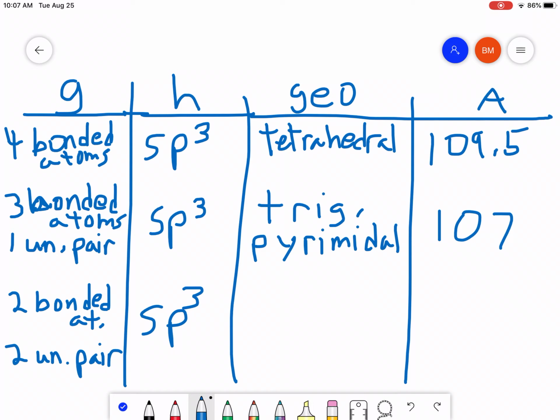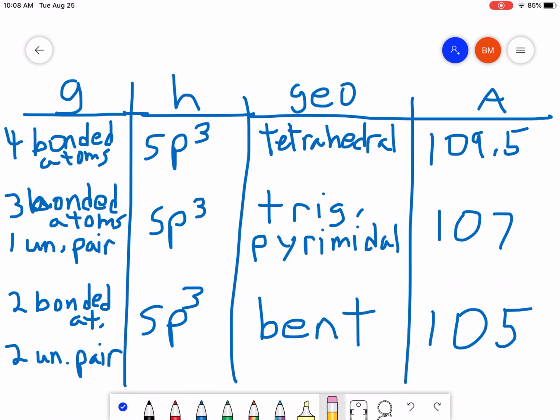Altogether, water is a bent molecule. Bent, just like trigonal pyramidal, is another derivative of a tetrahedral arrangement. Very similar, just a little bit off. It's got a bond angle of 105 degrees. So you can see, even within sp3 hybridized atoms, you can have a little variation in geometry and bond angle.